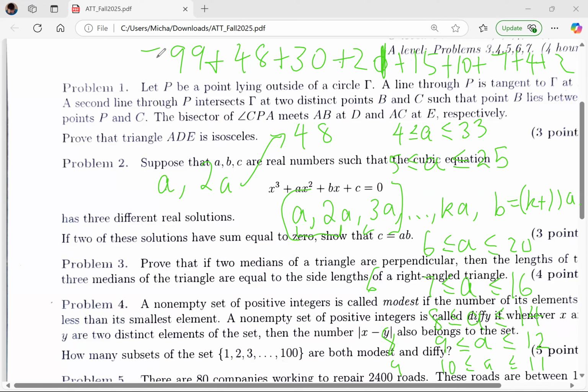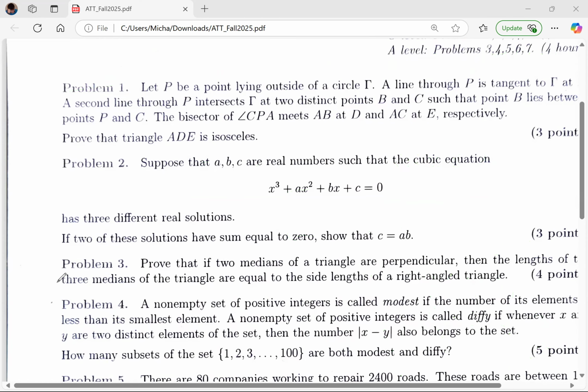You get 236? I got 239. Wait, what happened? I think I just double counted one of them. I mean, this is very bashy. We probably need to check this a bit more. So 236, yeah? Okay.